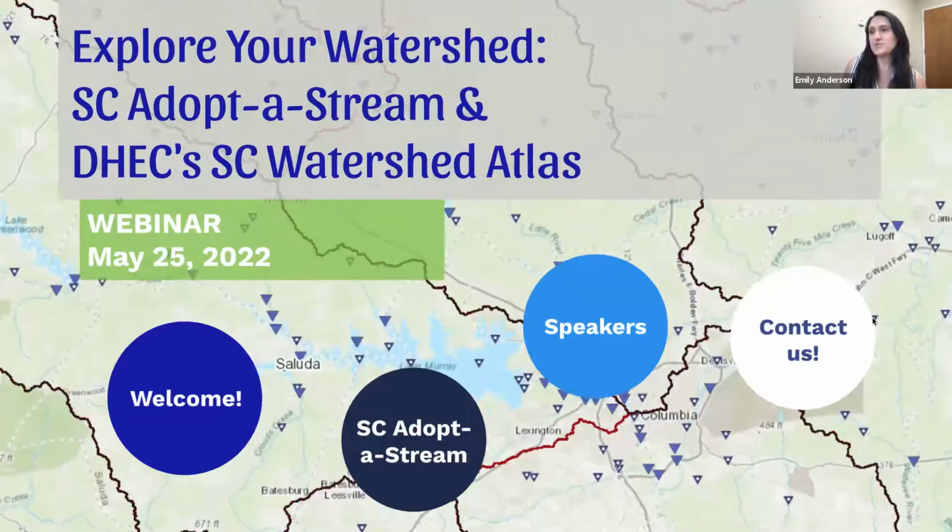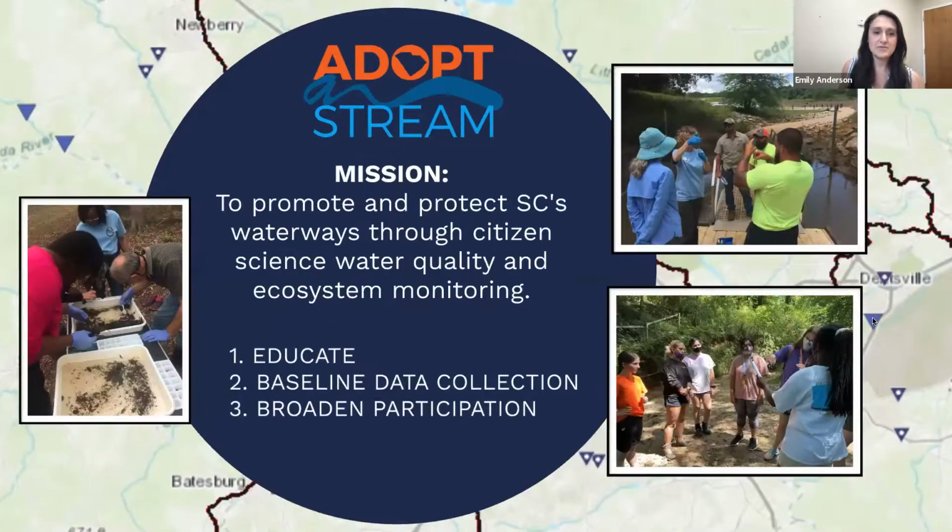All right, so just real quick, many of you are probably Adopt-A-Stream volunteers, but if anyone is new to the program, just a quick intro. South Carolina Adopt-A-Stream is a statewide volunteer water quality monitoring program. It started in 2017 and is co-led by the Clemson Center for Watershed Excellence and South Carolina DHEC.